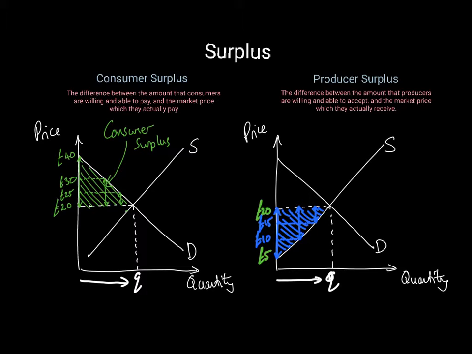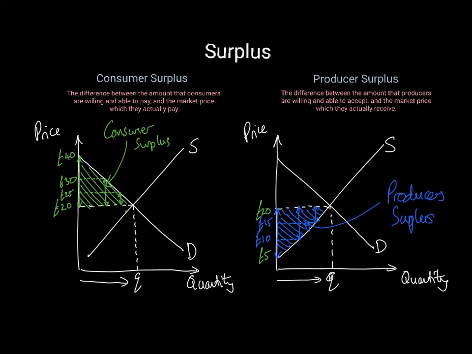They are benefiting from the consumer surplus, and equally there will be the more efficient producers who are getting extra benefit as well. So we refer to that as the producer surplus, and they're shown by these triangular areas here.